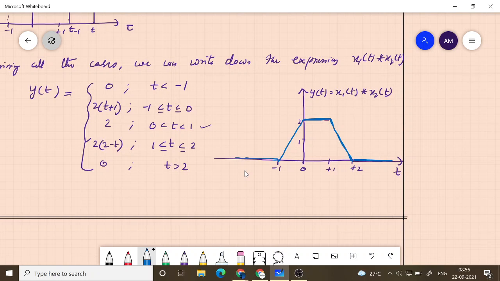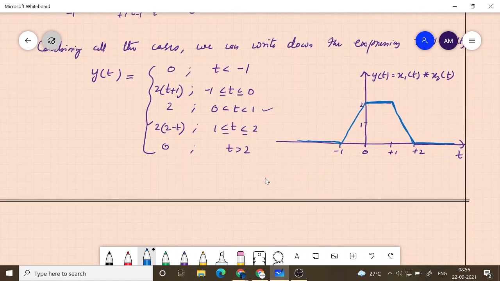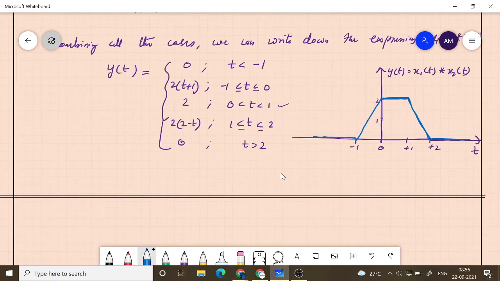Now you can check the properties that we derived in the last class. The first thing that we said is that if the width of the individual sequences is known, then we can find out the width of the convolution. W1 was from minus 1 to plus 1, so that is 1 minus minus 1, which is equal to 2.